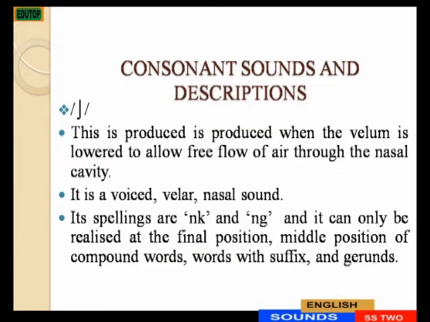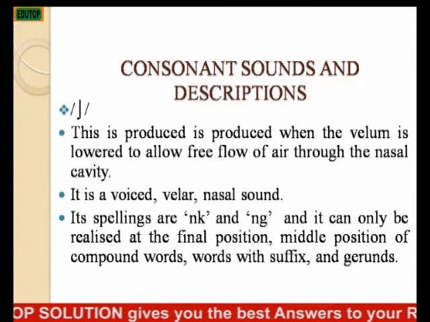The sound is produced when the velum is lowered to allow free flow of air through the nasal cavity. And don't forget that we have discussed two nasal sounds earlier, the m and n. This is a voiced velar nasal sound, and its spellings include NK and NG. The sound can only be realized at the final and middle positions of English words and words with suffix and gerund.